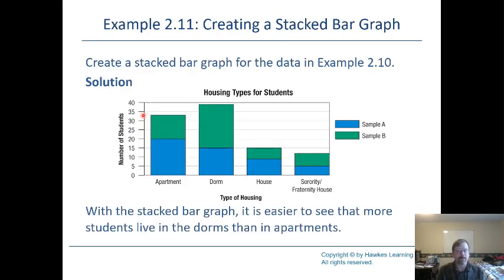And we have this. So one of the things this gives us is an easy way to see the overall trend. It's easy to see that we've got a lot more students living in the dorms overall. This one you could take and have a stacked Pareto chart. Really, we could order it from highest down to lowest based on the stacked data.